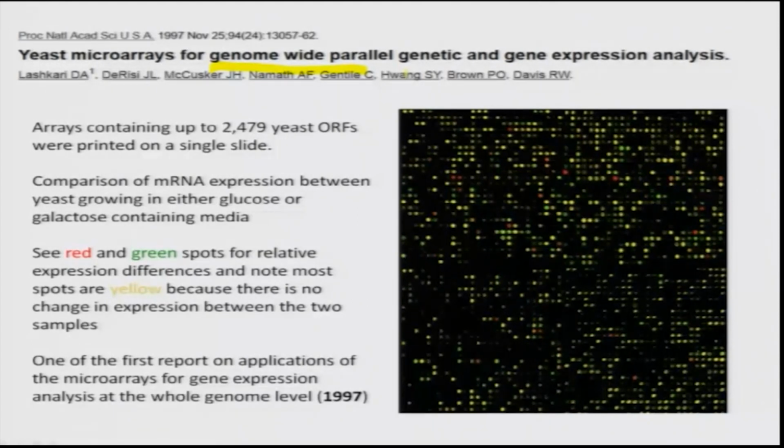So what did they look at? They looked at the relative expression of genes of yeast that were grown in two different media. One is glucose, and the other one is galactose. They looked at what genes are turned on if you grow the yeast in glucose, and what genes are turned on if you grow them on galactose.